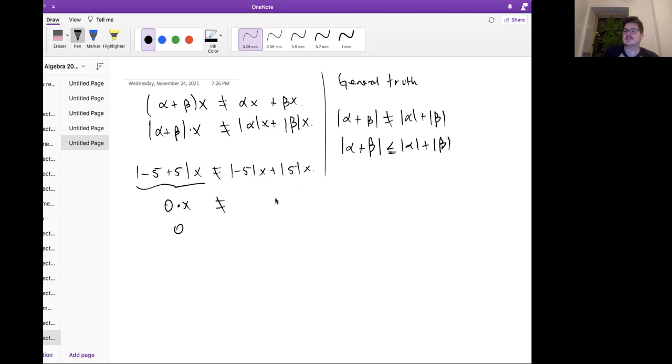And then what is this, the right hand side? Yeah, the absolute value of -5 is 5, and the absolute value of 5 is 5. So it's equal to 10x. So obviously there are some x values where 10x is not equal to 0. Okay. So we just saw one that didn't work, so we don't have to do anything else.